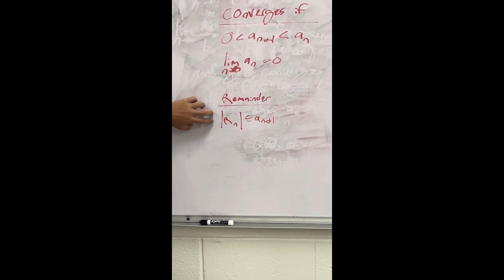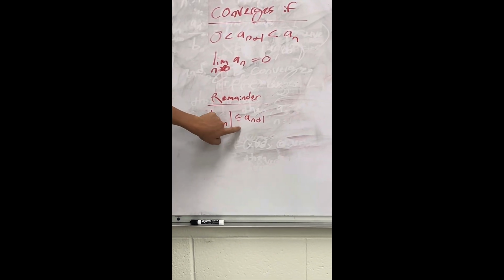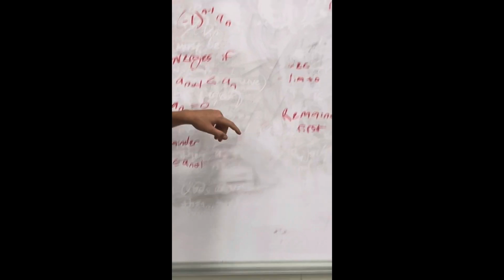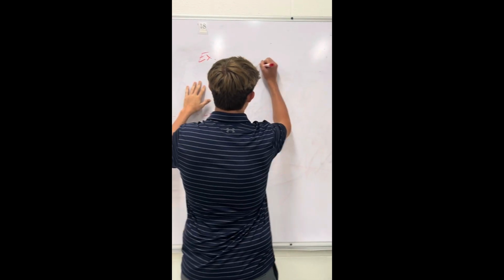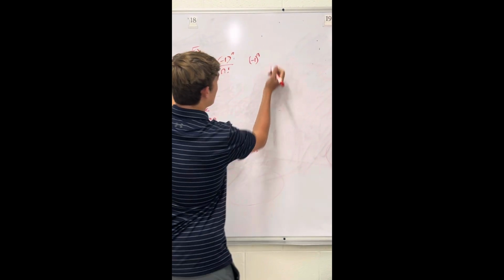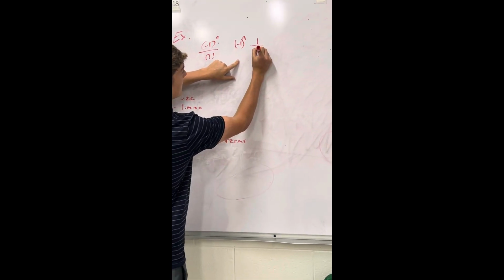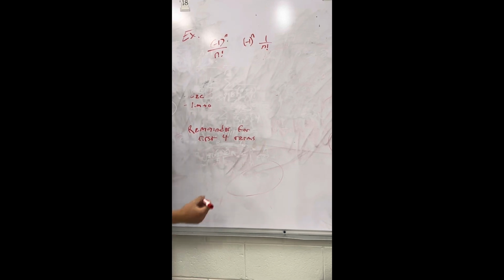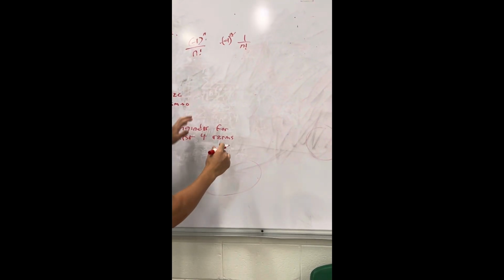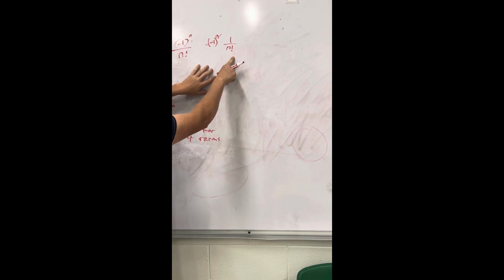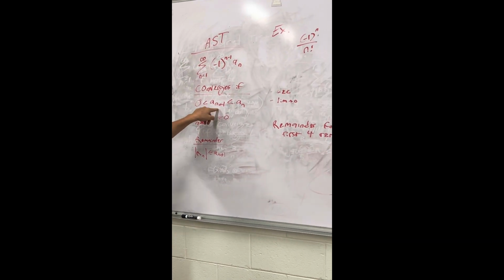Now, the absolute value of the remainder has to be less than or equal to a sub n plus 1. Let's go to this first example. You can really just separate this into that as well as that. Now, when doing alternating series, you don't need to worry about this part. You can just cross that out, and you want to check whether this is greater, because you have to do the a sub n plus 1.